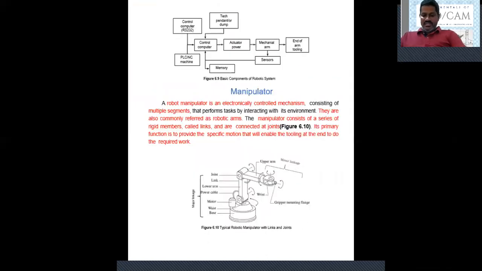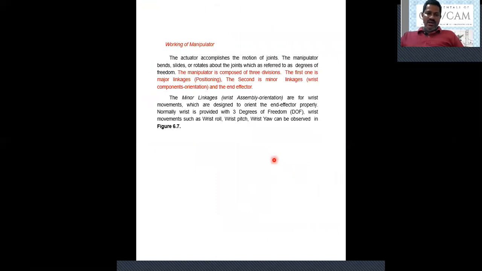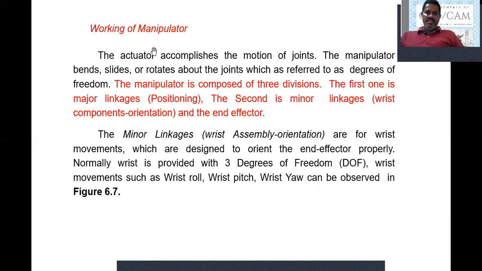Now let me move further to see how this manipulator is going to work. The actuator accomplishes the motion of the joints. Actuator means it may be any of the drives, it may be a motor.